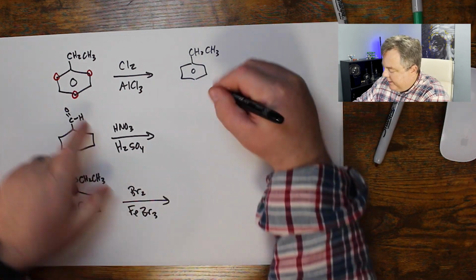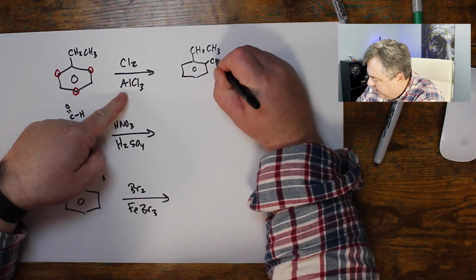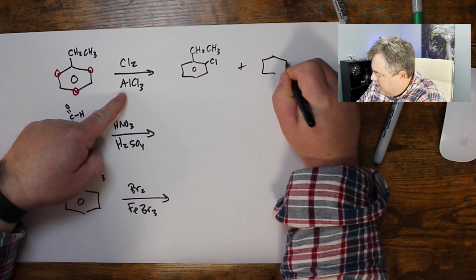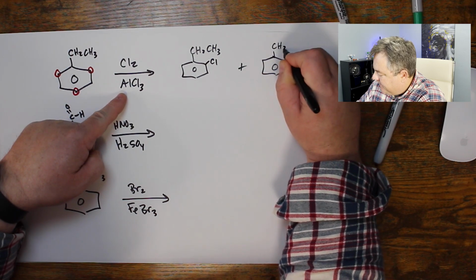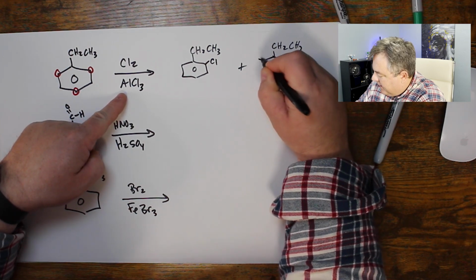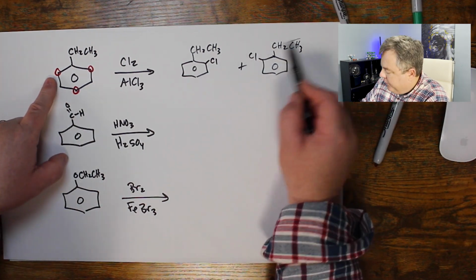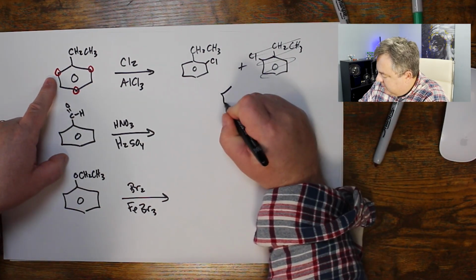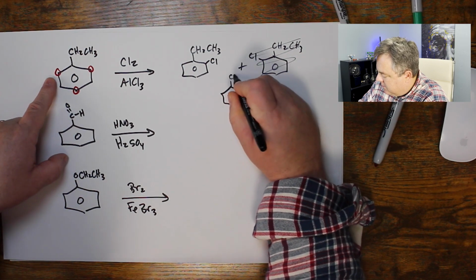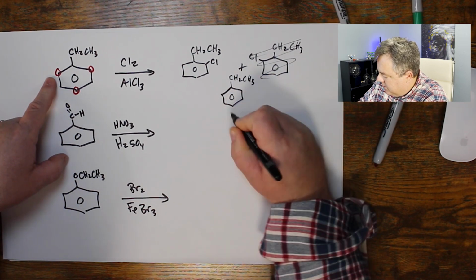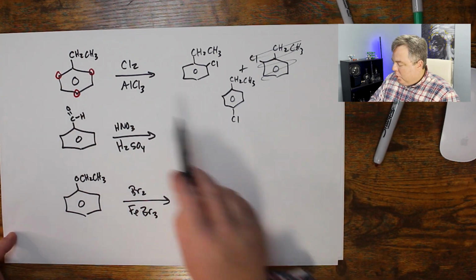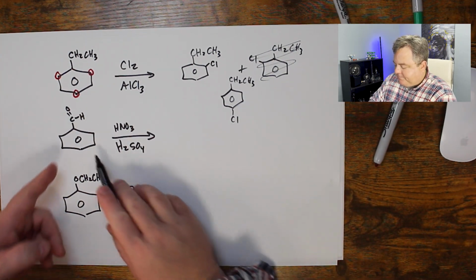So if I draw it, I'm going to expect to put a chlorine on here. I'll draw this one, the other spot, but these are equivalent, right? So you don't usually need to draw both of those. And the para spot. So I'm putting chlorine on because I use that reagent.